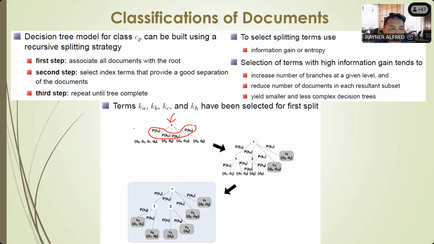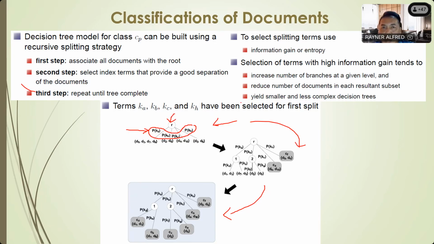They are chosen based on a certain calculation, and we want to know what that formula is. In the third step, we repeat until the tree is complete. How do we know that the tree has completed? We refer to the stopping condition. So we start from this, going to the second, and then the third.